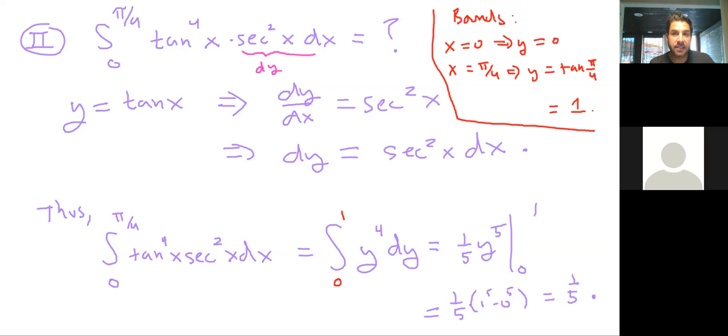These are not indefinite. These are definite integrals. These guys have bounds, 0 to pi over 4. Since this has a bound, I expect a number. If you substituted back in for x, you would likely get the wrong answer because you switched your bounds to the y bounds. So you have to be very careful about this.